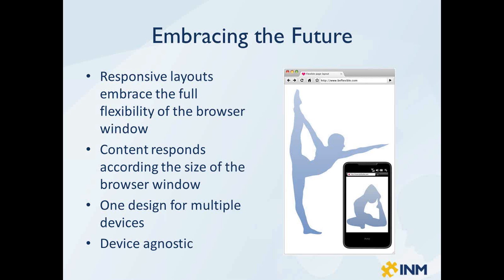It allows you to have one design for multiple devices, and it's device agnostic, so there's no longer the need necessarily to have a mobile-specific device that redirects you to a new URL. You can accommodate a mobile version of your site within the same code structure as the desktop version by using a responsive layout that allows you to adjust your content depending on the size of the browser window directly. And this all happens in real time.